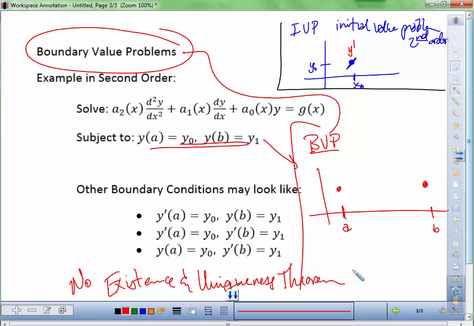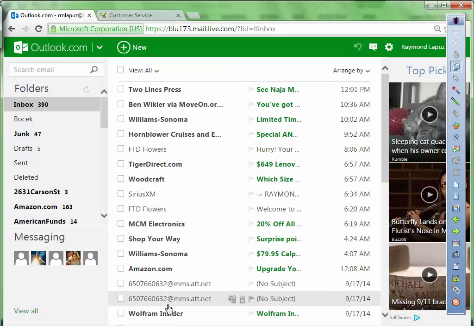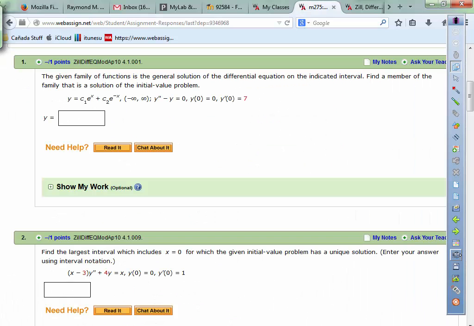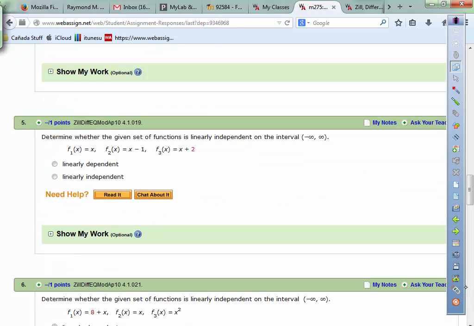Not that it's not worth studying, because it's applied and it's in engineering and circuits and stuff like that, but we're not going to worry about that. Okay, let's see if there are any questions on the homework that apply to boundary value problems. You guys can work that out.